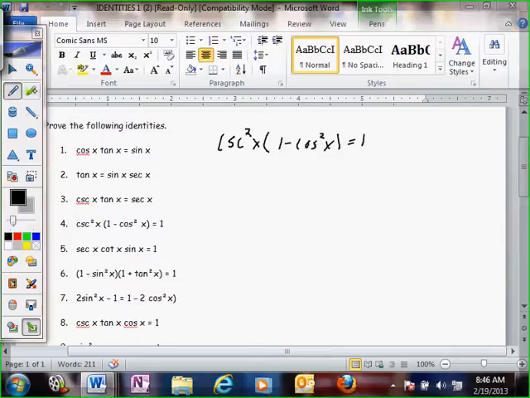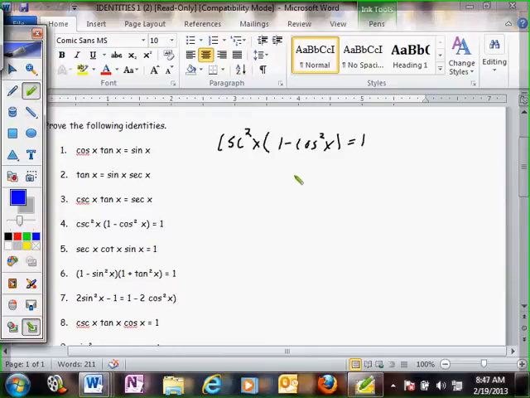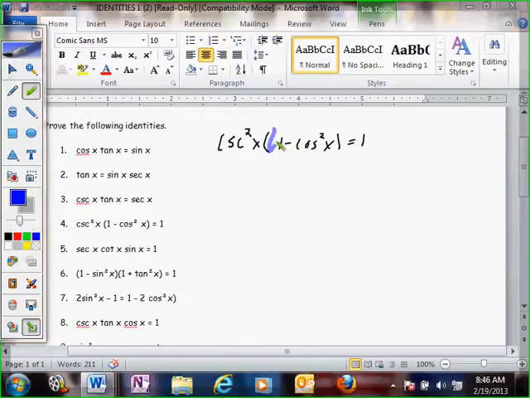The reason why I would not start off by using distribution is because if I see something like this, this is equivalent to, if you look at one of your Pythagorean identities, 1 minus cosine squared x is sine squared x. And since I want to change things to sine or cosine whenever I can, anytime I see something like this, I'm probably going to change this to sine squared x.